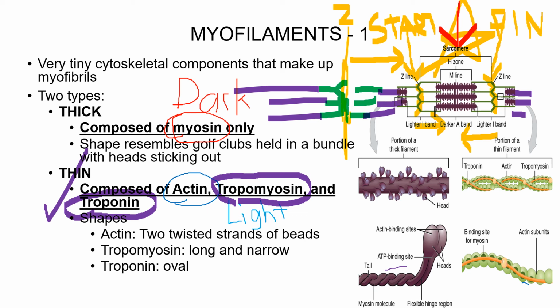So let's talk about how these things actually work. How do they regulate myosin and actin from hanging out all the time? Tropomyosin is this rope-looking structure that you see blocking the actual actin circles.